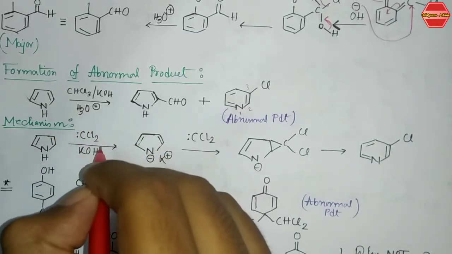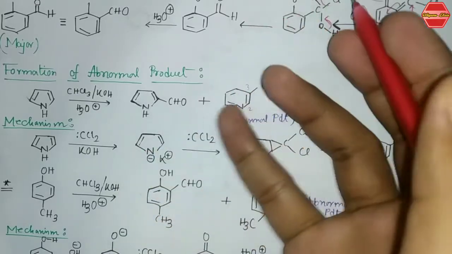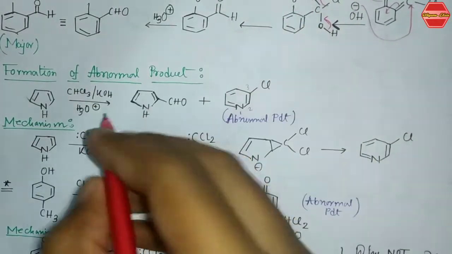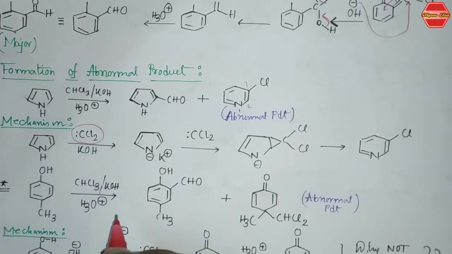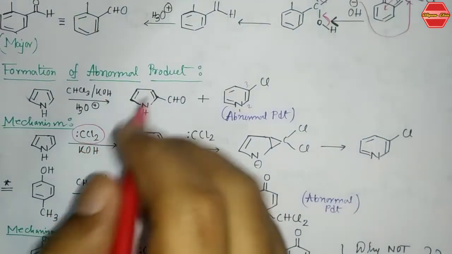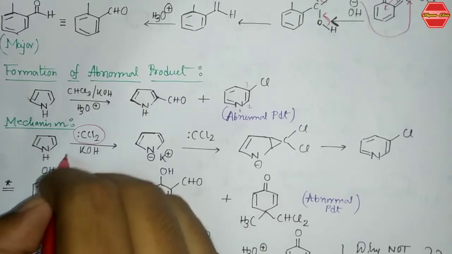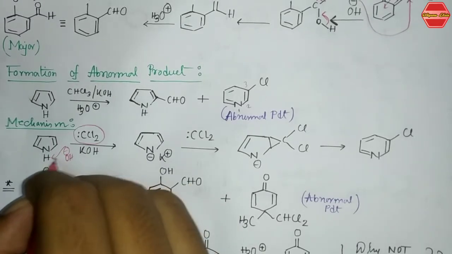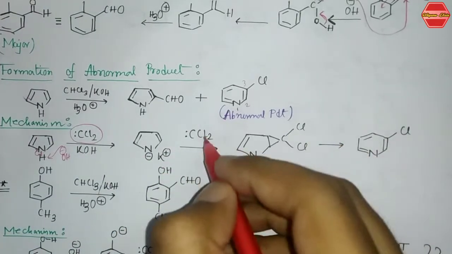Now when we are using CHCl3 and KOH, it will form the dichlorocarbene. So I am taking that as the major species, that is your dichlorocarbene, and we are using basic conditions. So this nitrogen attached with the hydrogen takes a proton in the basic condition, and you are getting this N minus and K plus in the medium.